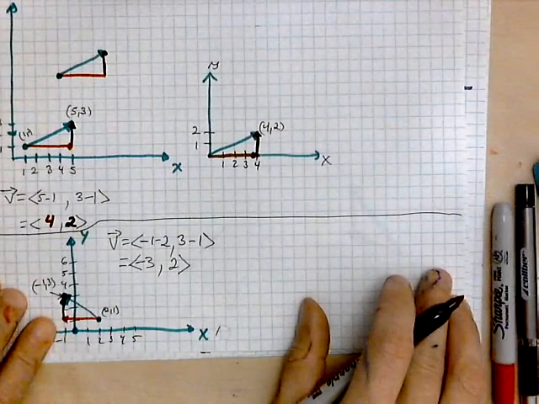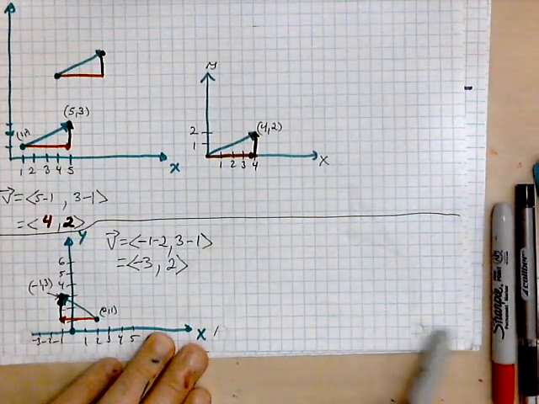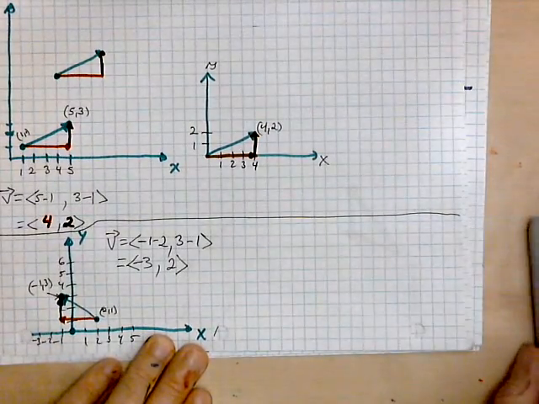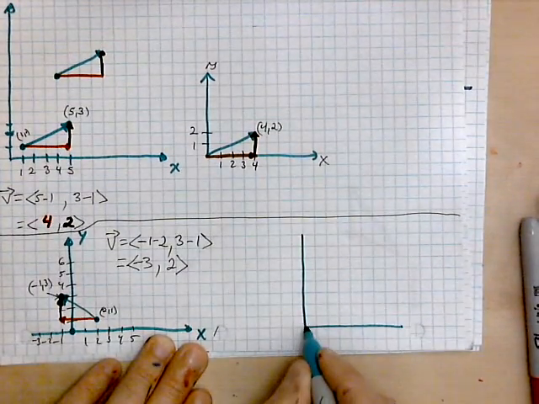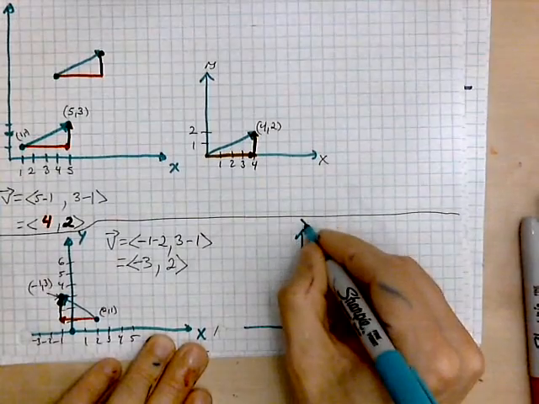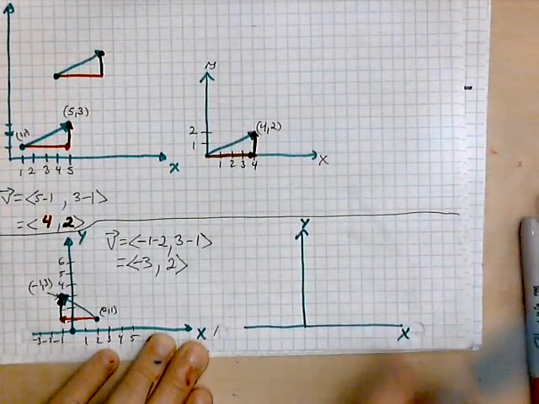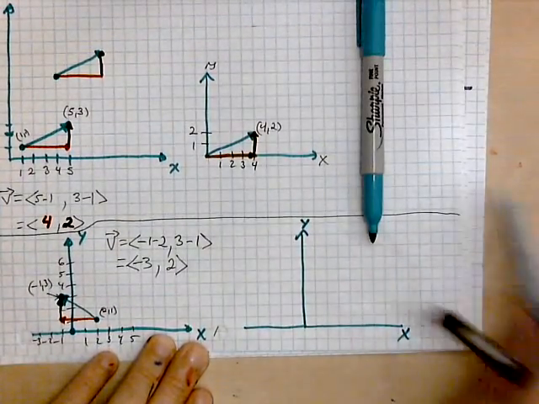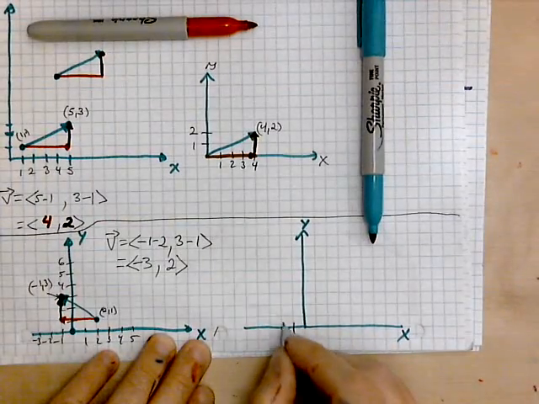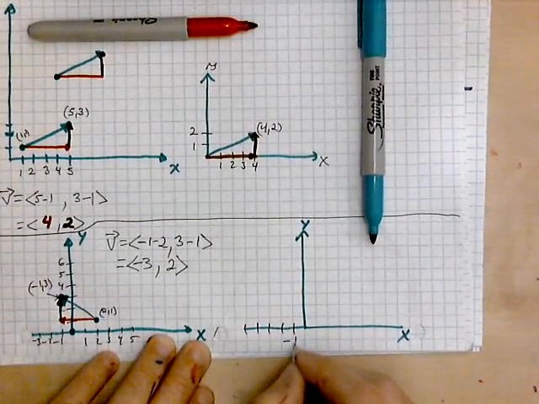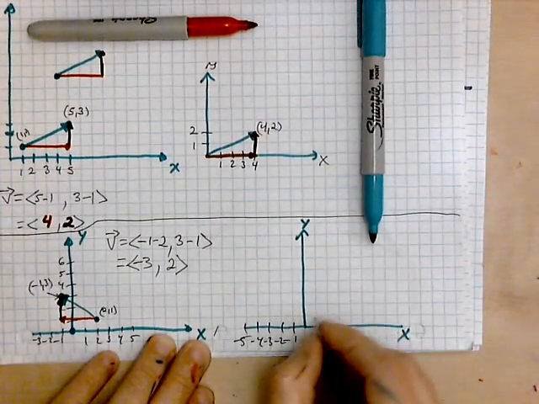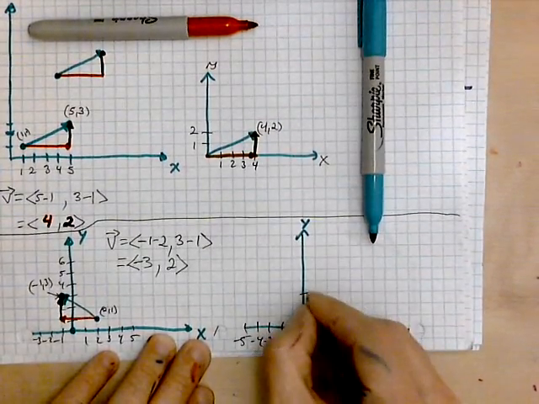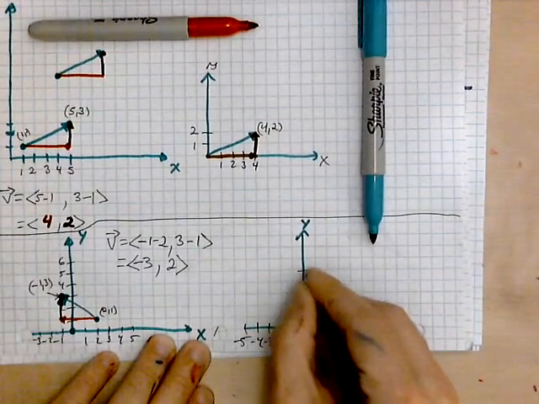And to translate to the origin means the following. Once again, draw coordinate grid. Y, X, marked neatly so it's easy to read. -1, -2, -3, -4, -5. 1, 2, 3, 4, 5.